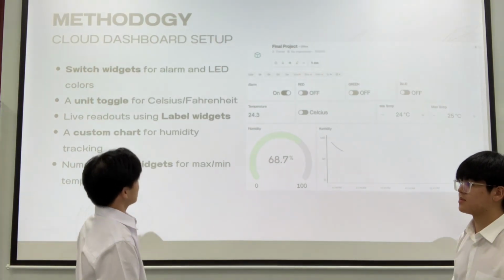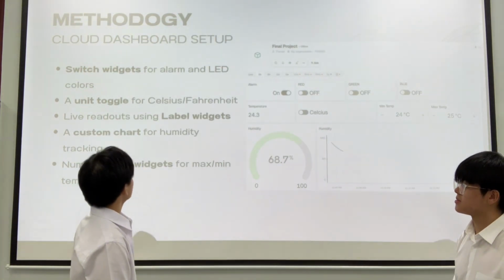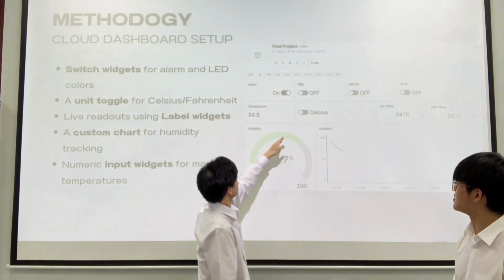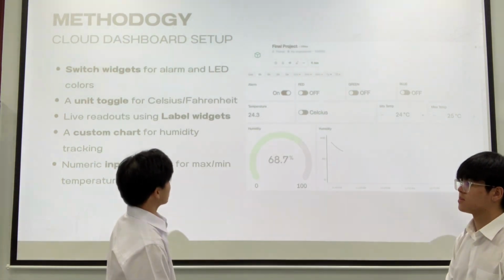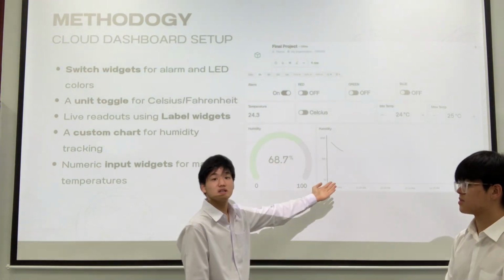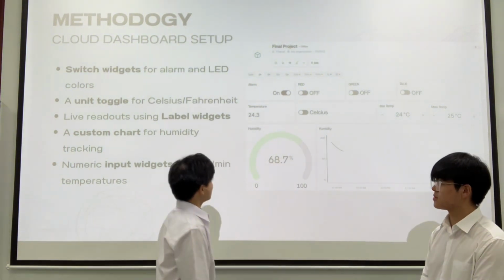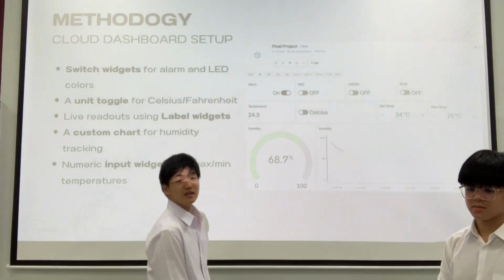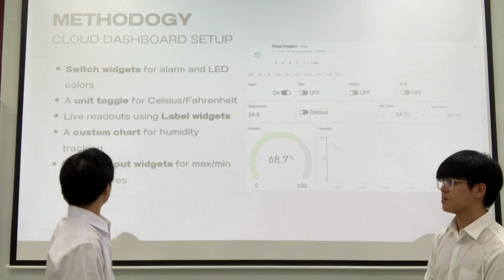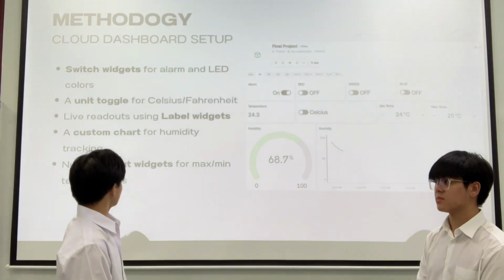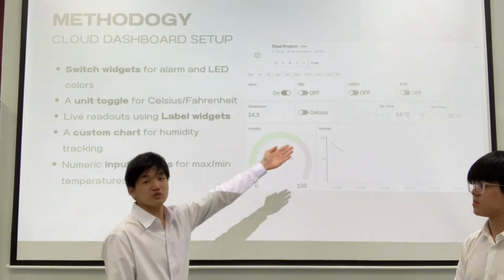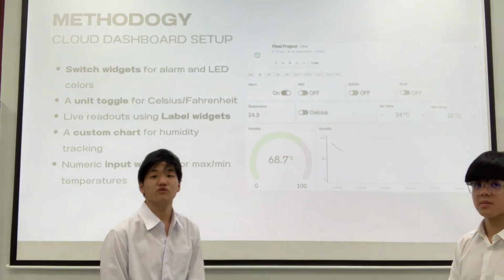Secondly, the unit toggle for Celsius and Fahrenheit is utilized over here. A custom chart for humidity is seen over here to display the historical data of the humidity, and a real-time humidity value is displayed here as well. Numeric input widgets for maximum and minimum temperatures are also seen over here for custom task 4.